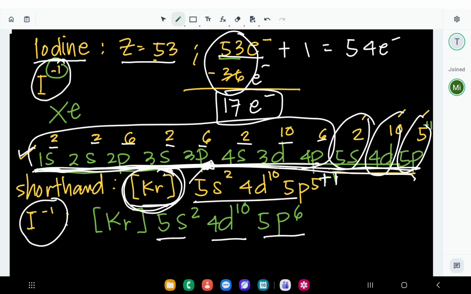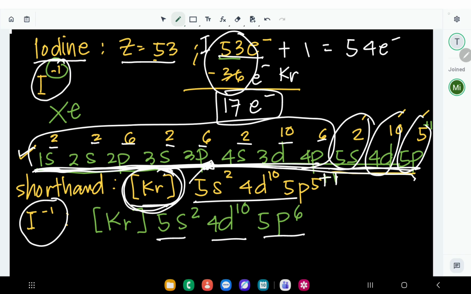You got that? So this is the number of electrons of iodine, and this one is the number of electrons of krypton. You got it now? All right.